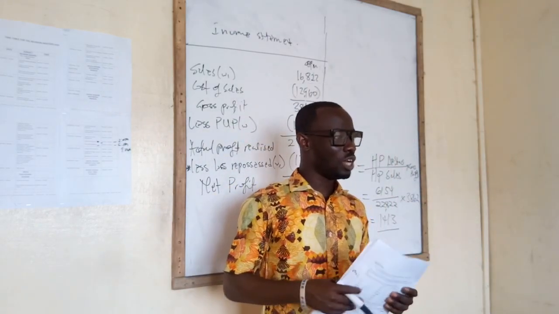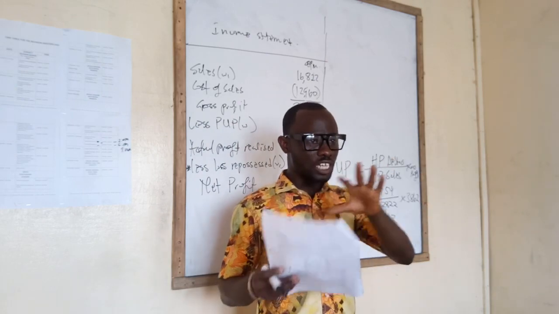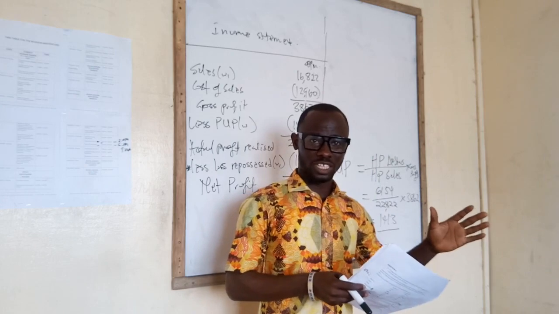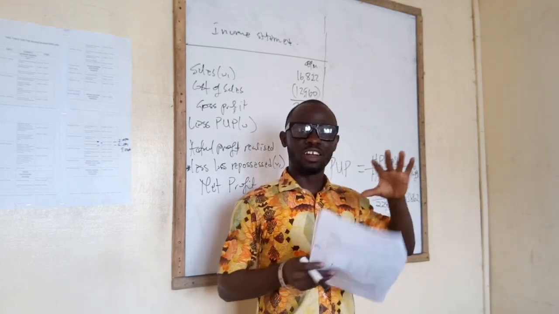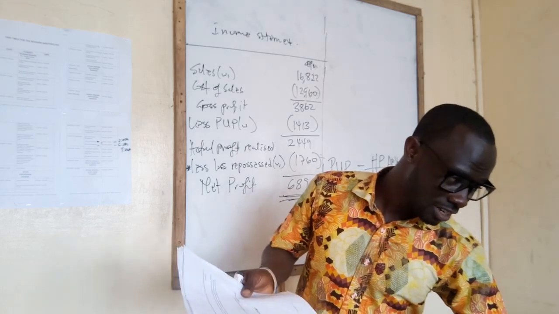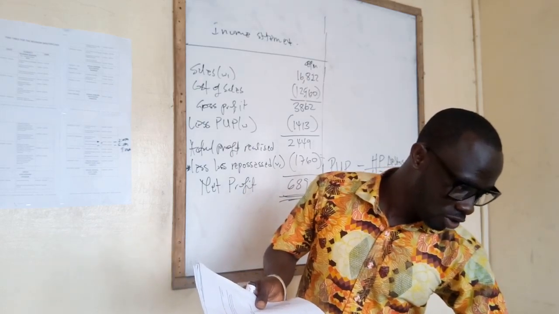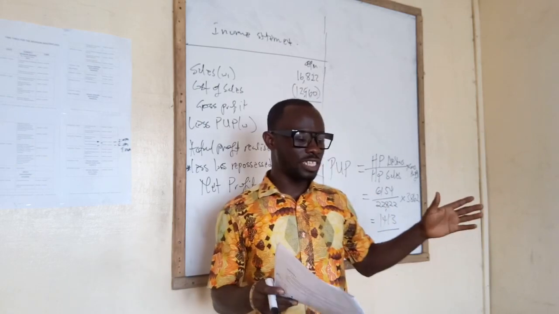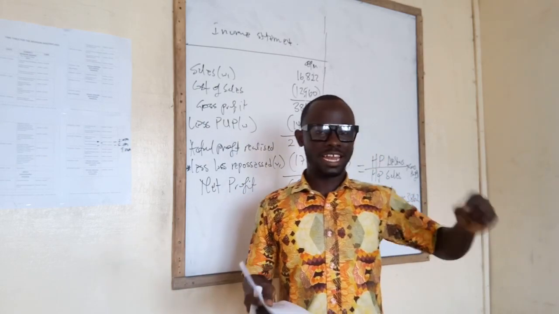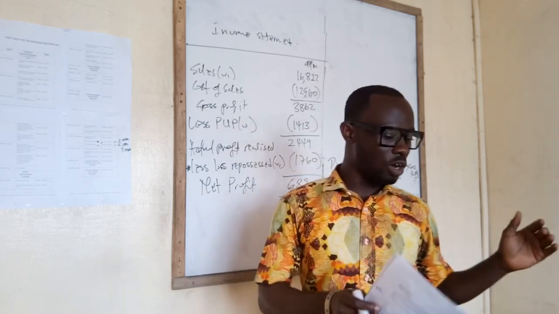You know, when it comes to the features of financial statements, we have qualitative features and then quantitative features. Now the qualitative features, what are we supposed to have? Based on presentation, we are supposed to have understandability and what? Comparability. Then the content, it is supposed to be what?